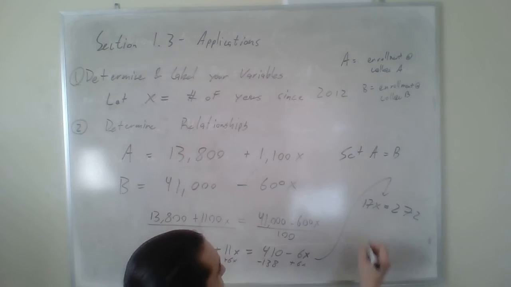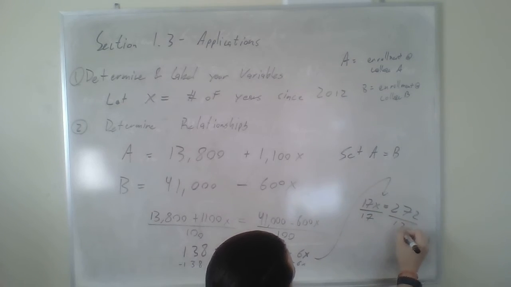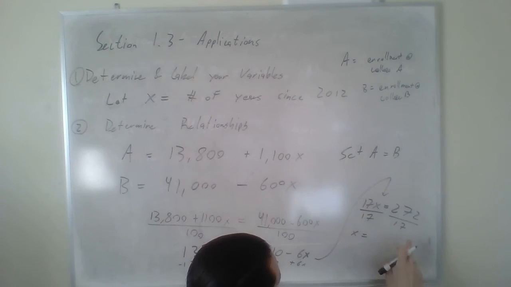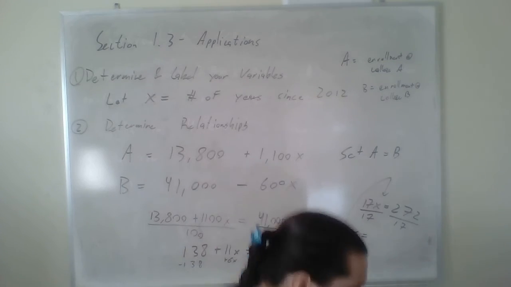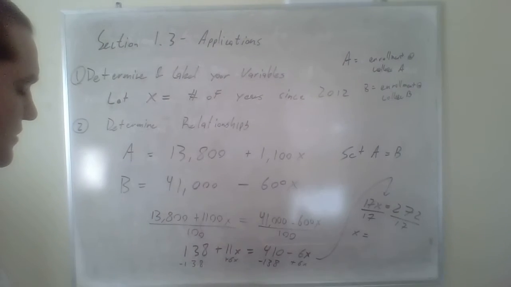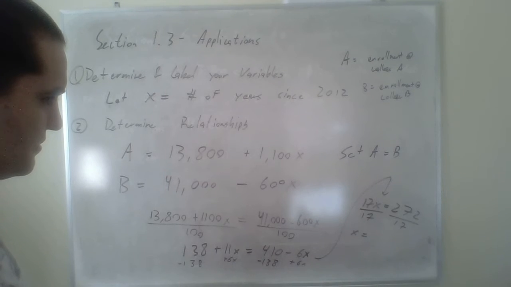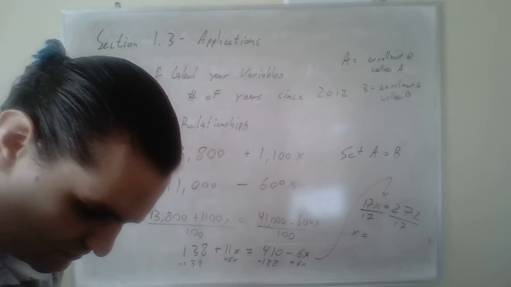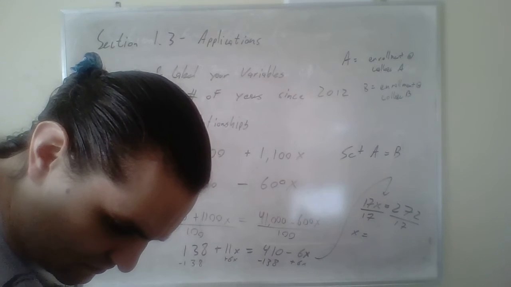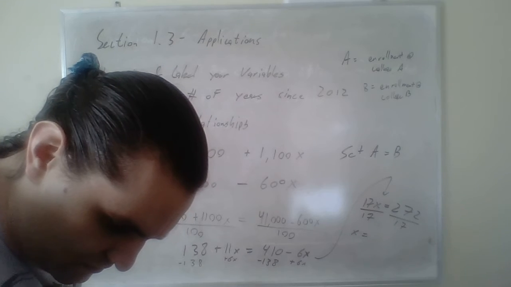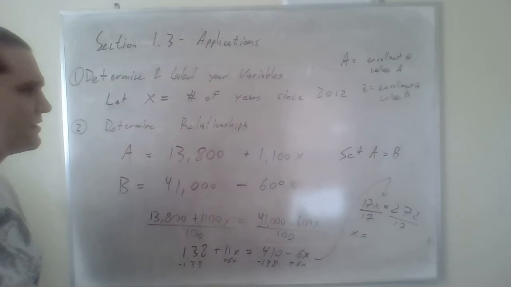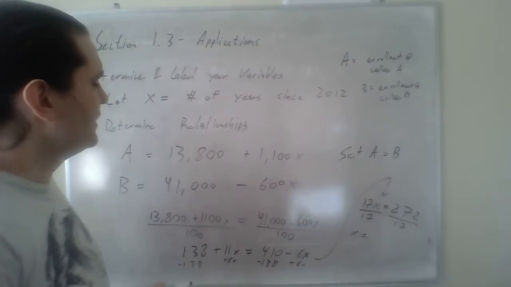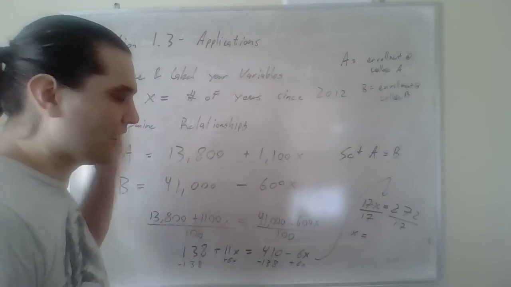So we just need to divide everything by 17. And we should get that x equals, let's see, 10 of these would get us 170. So we need 102 more. I don't think that comes out even. I must have copied down one of the numbers wrong. I think it was supposed to come out kind of even. That's all right.